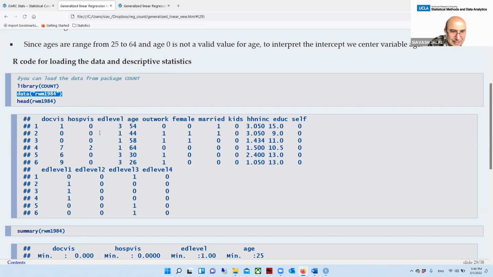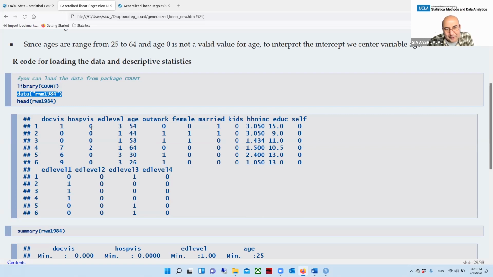Number of hospital visits by whether or not they are out of work, right? If they're working, they probably have insurance, so they have more visits, something like that. I don't know exactly, you have to read that paper.